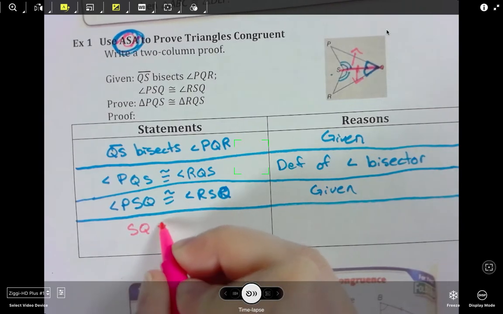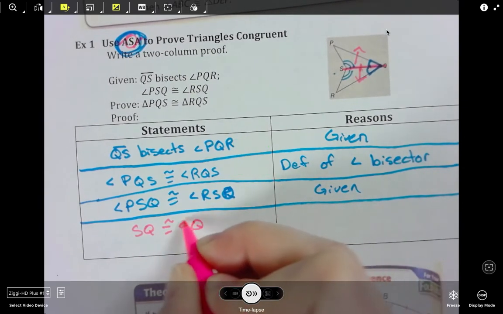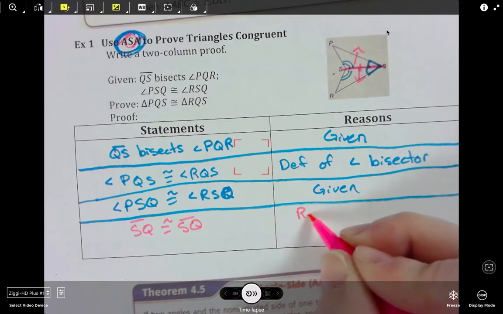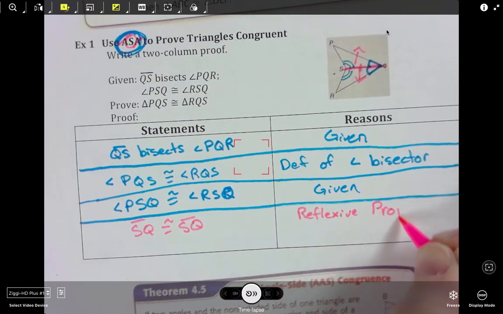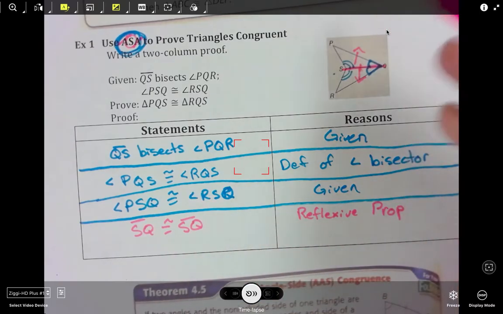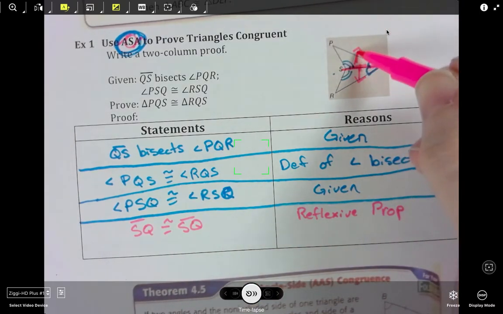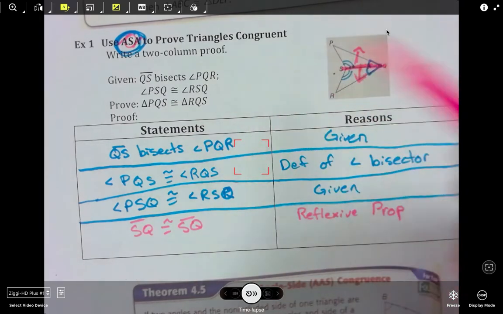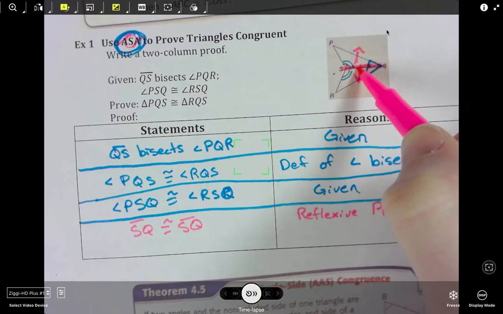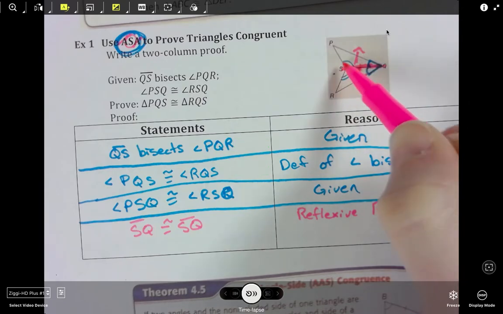SQ is congruent to SQ, and remember what that was? That is the reflexive property. It seems silly that we would write that SQ is congruent to SQ, but we're saying the SQ side for this top triangle and the SQ side for this bottom triangle. So now I have my angle, side, angle. Again, the side is in between the two angles.